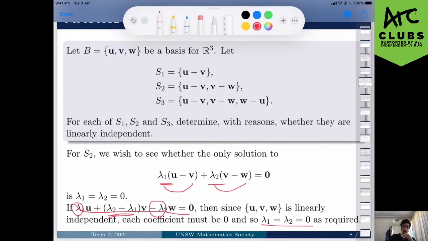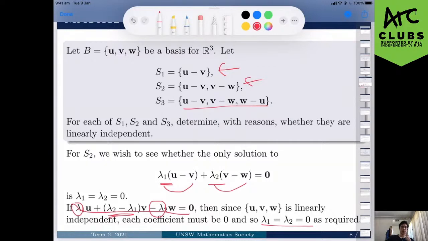Now the third one, you look at it, you have these three vectors. One thing I didn't really emphasize, but if you just look at them and try to experiment with them, you kind of see that you can't really force the first two to be 0 by just adding them up together.